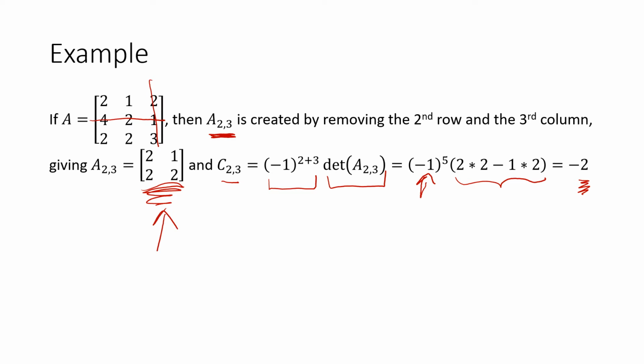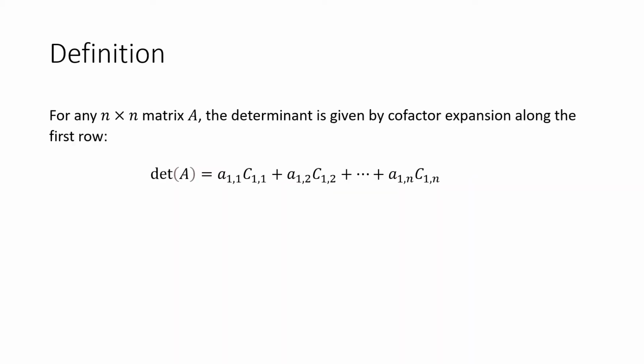And you see what we're doing here is we start with a square matrix of a certain size, and then we're looking at the determinant of a smaller matrix. But now, remember the question is, how do we get the determinant? So how would we get the determinant of the 3 by 3 matrix?